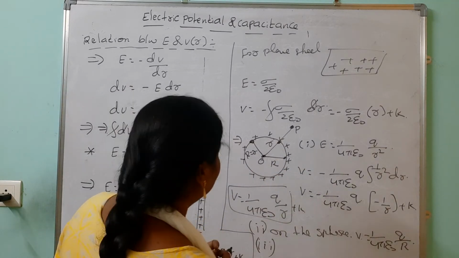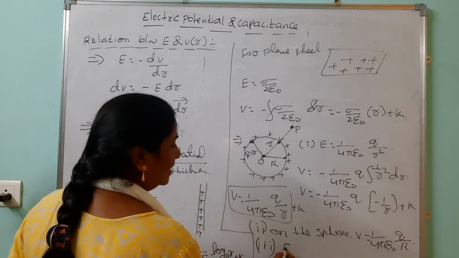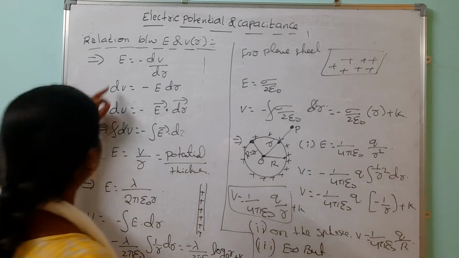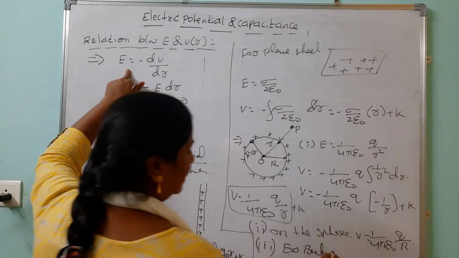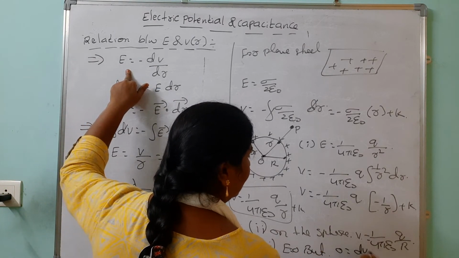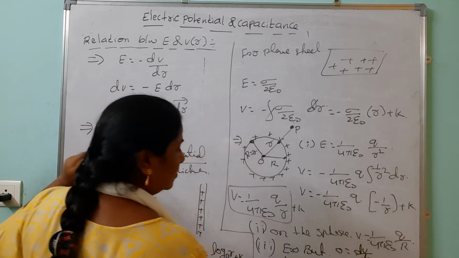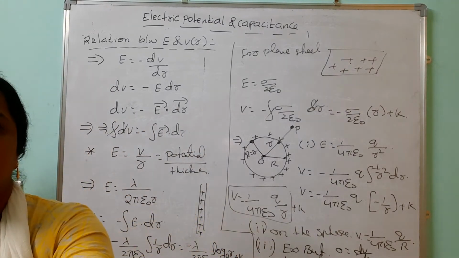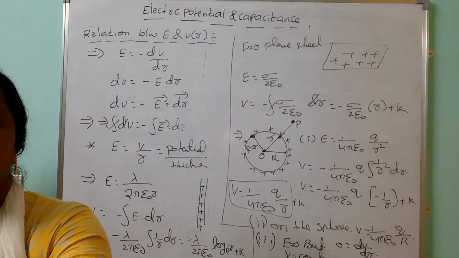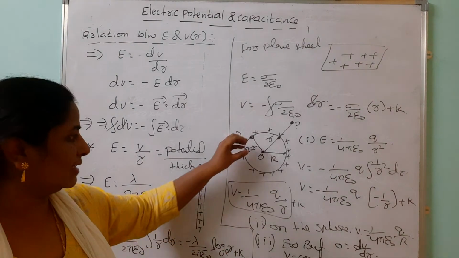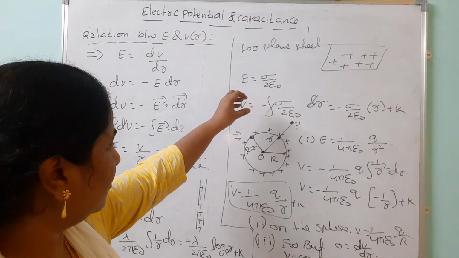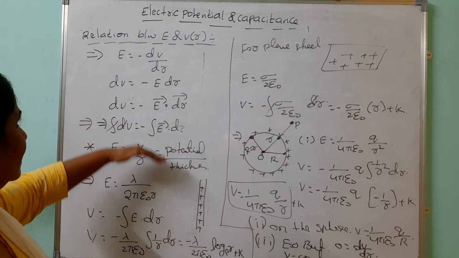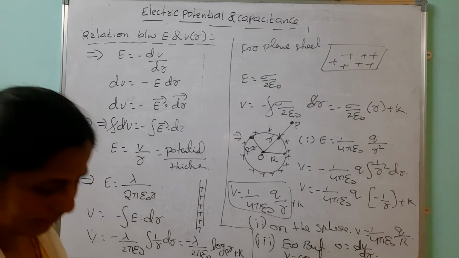Inside the charge equals 0. So here intensity is 0, but we know what the relation is. E is 0 means dV by dr equals 0. So V equals constant. Like that we can find out the electric potential in the case of a conducting sphere, a plane sheet, and a linear conductor, and this is the relation between intensity and potential.